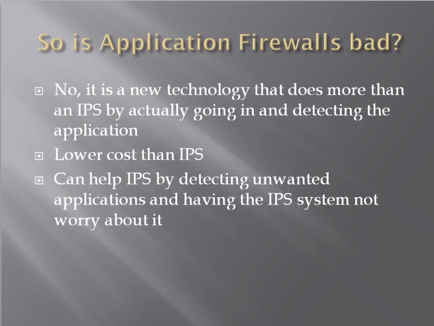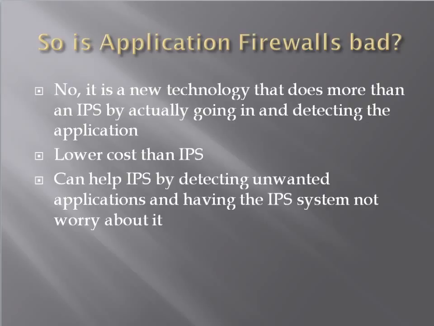Well, we asked this question and said, no, it is a new technology that does more than IPS by actually going in and detecting the application. It has a lower cost than IPS. It can help IPS by detecting unwanted applications so the IPS system doesn't have to worry about it. So you can combine an application firewall with an IPS to double secure your network and allow the IPS to only detect layer 4 TCP packets, and let the application firewall worry about the layer 7 application stuff.